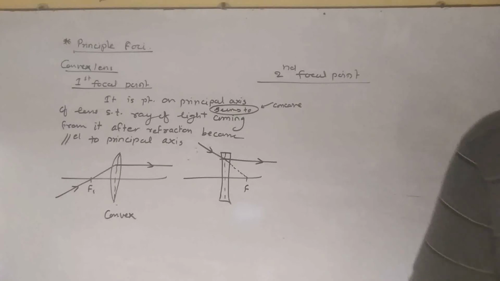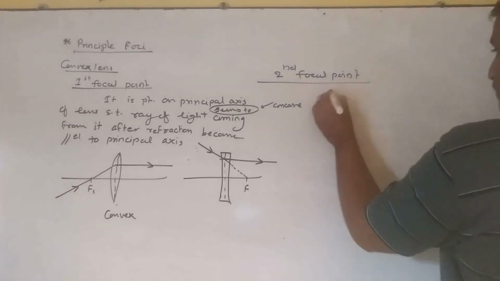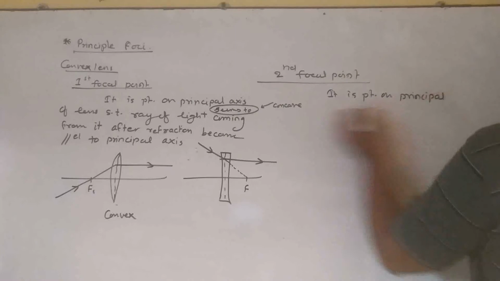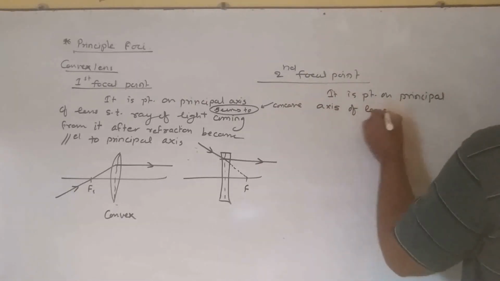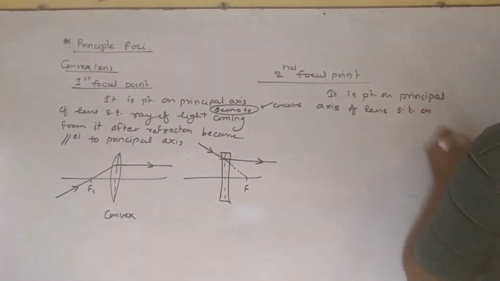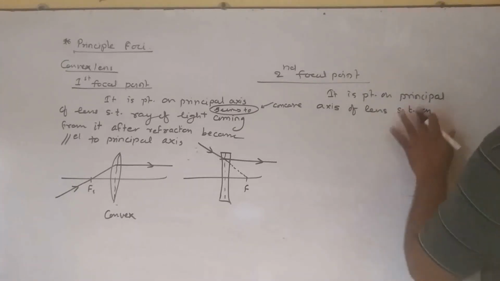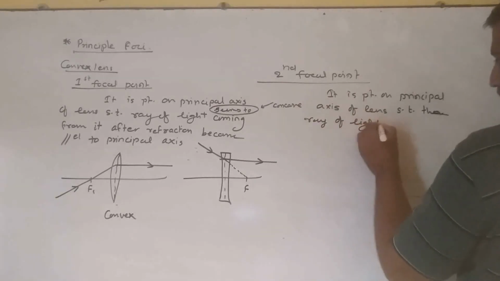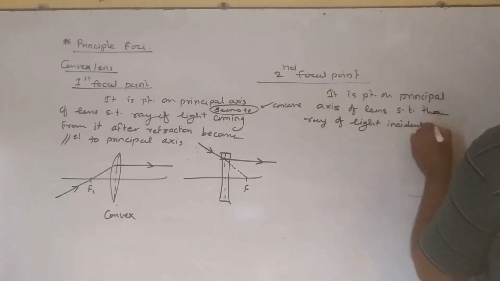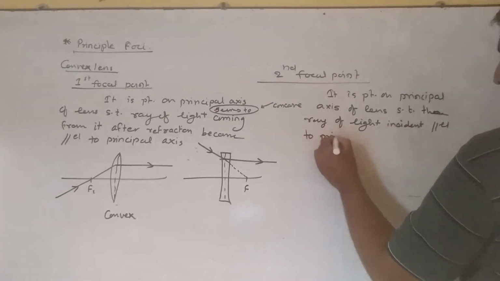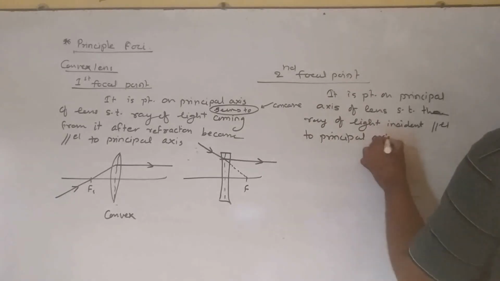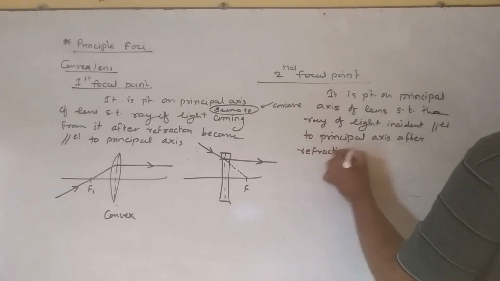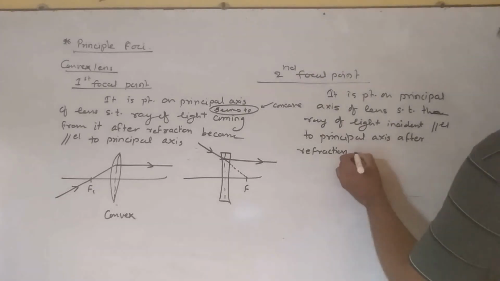It is a point on the principal axis of the lens such that a ray of light incident parallel to the principal axis, after refraction, passes through it.